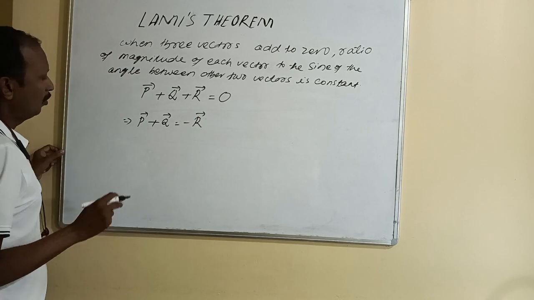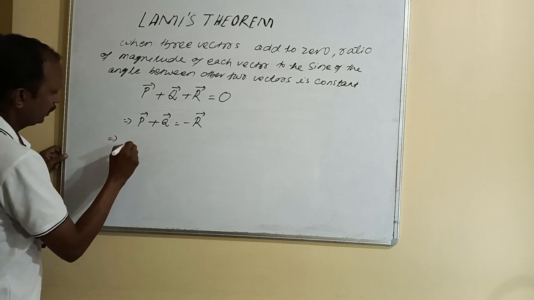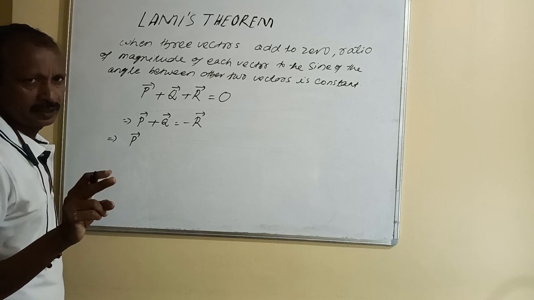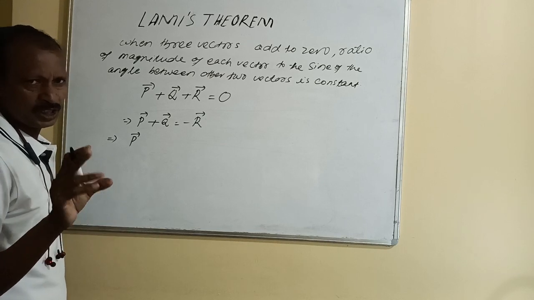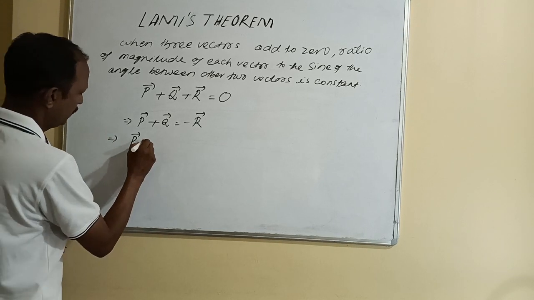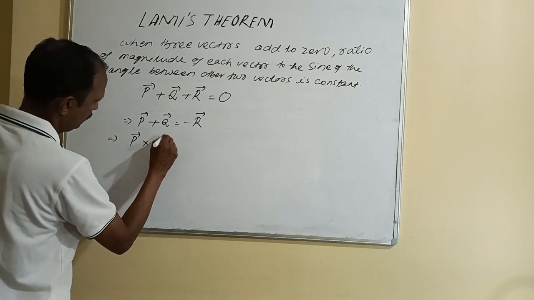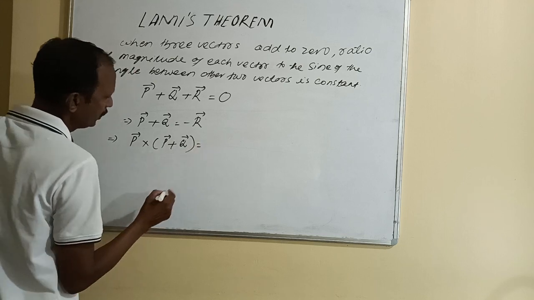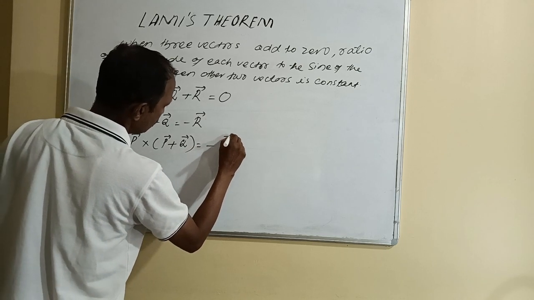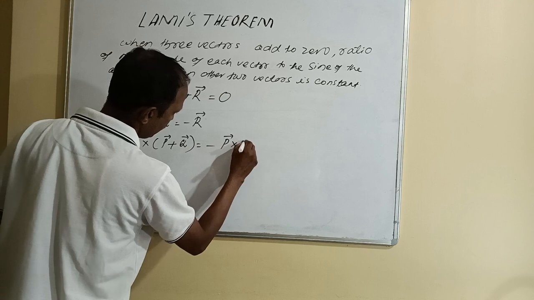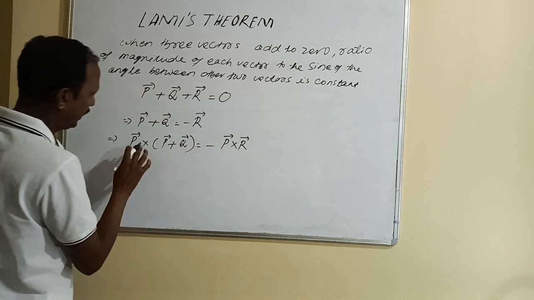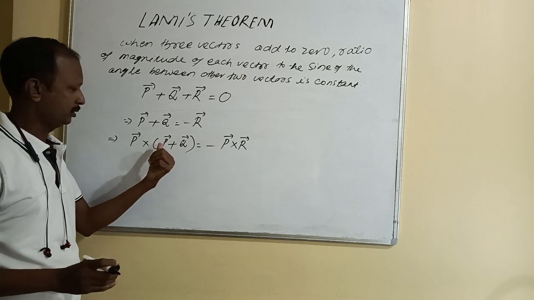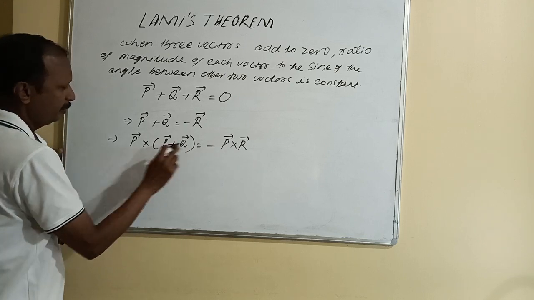Okay. Now what I am going to do here, I am multiplying both sides with the vector P with cross product or vector product. That means P cross (P plus Q) is equal to minus vector P cross vector R. Both sides I multiplied, I did the cross multiplication or vector product. I have taken P both sides.